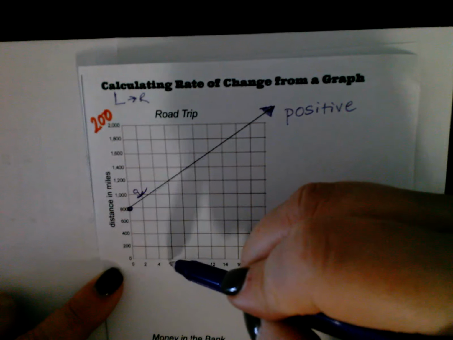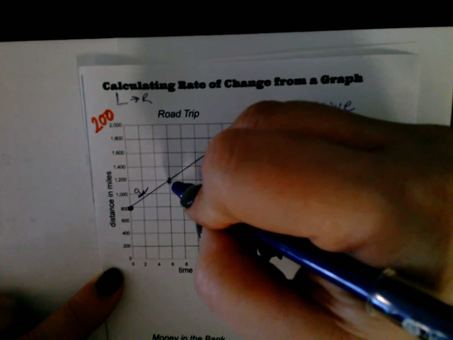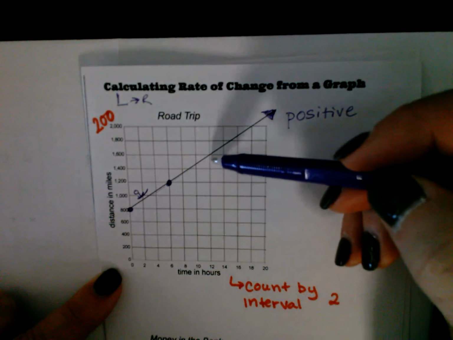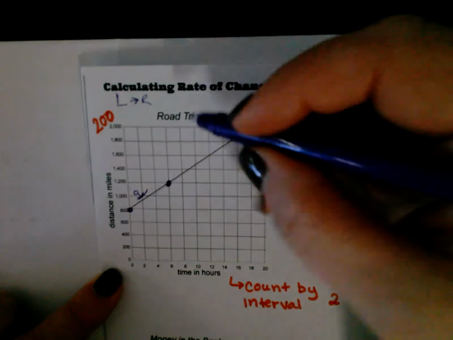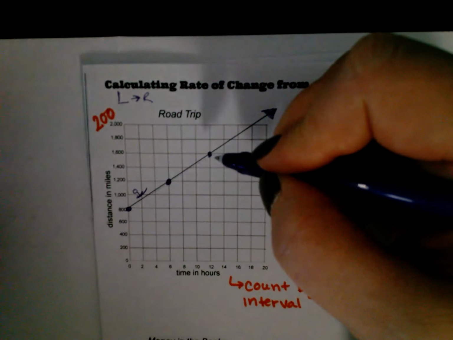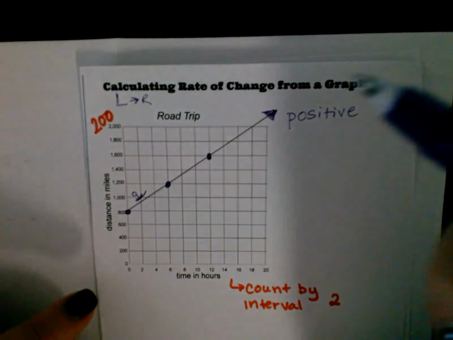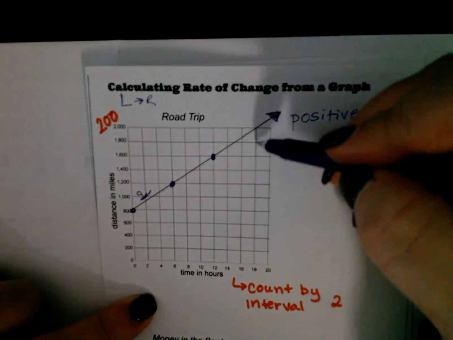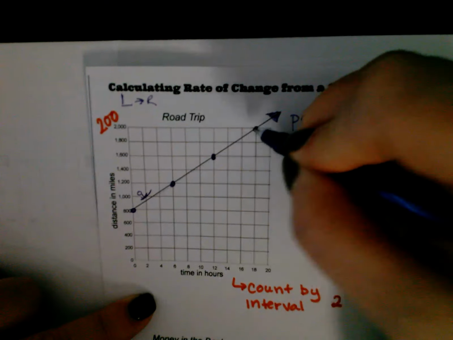If I look at 1200, that's a great point right there. When I look at 1600, notice how it is right in the corner of the grid. And I do see another good point where x is 18 and y is 2000.